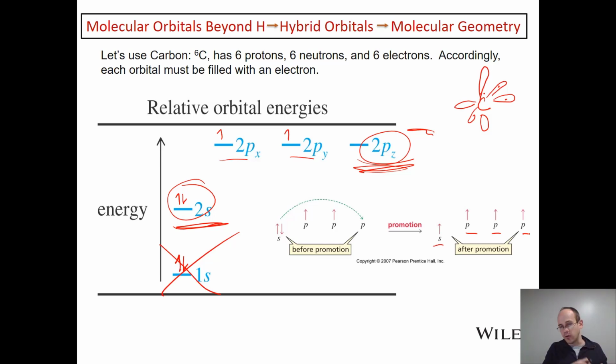If one orbital is fully filled or not filled at all, right, I can't share electrons with that orbital. So in order to have 4 bonds to a carbon, I need to do this promotion thing where I get myself to 4 half-filled orbitals so that each orbital can share an electron and accept an electron to form a bond, right, to get 4 bonds around carbon.